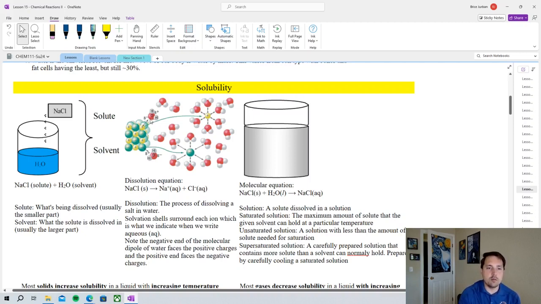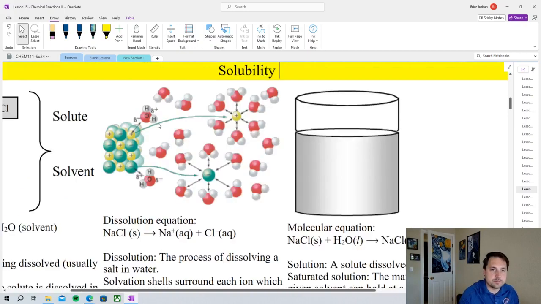When I zoom in here, we can see that the water molecule orients itself so that its lone pairs are towards the positive charges, which would be the sodium ions, or its hydrogens, its partial positive side, are toward the anion, the chlorines. And so we end up getting these different hydration spheres around these ions.